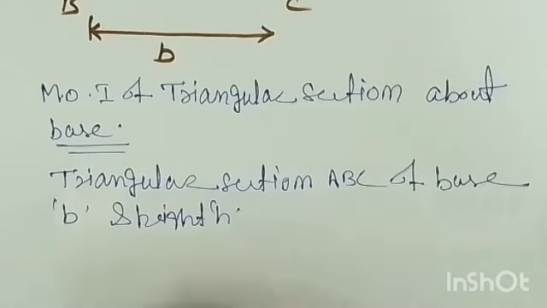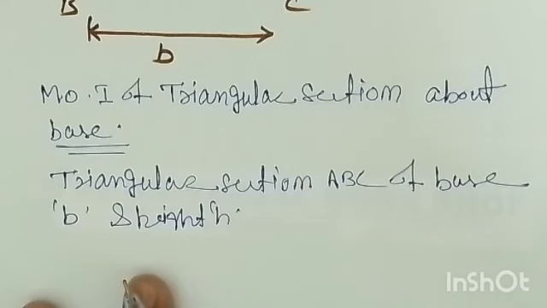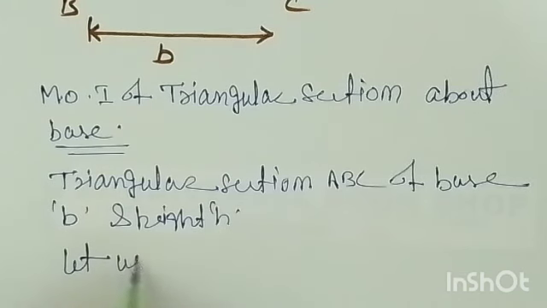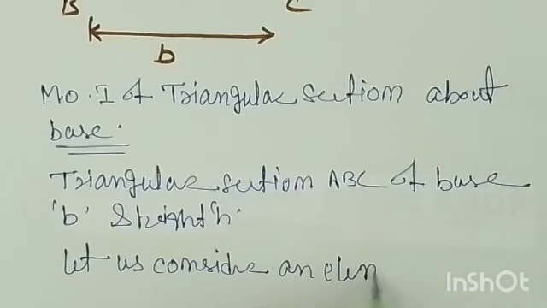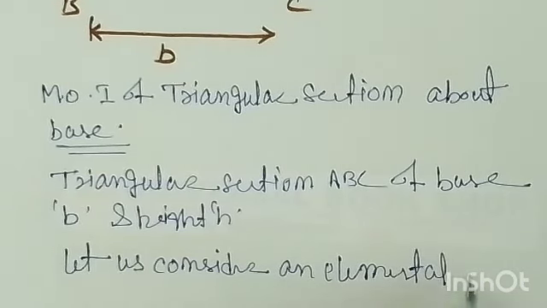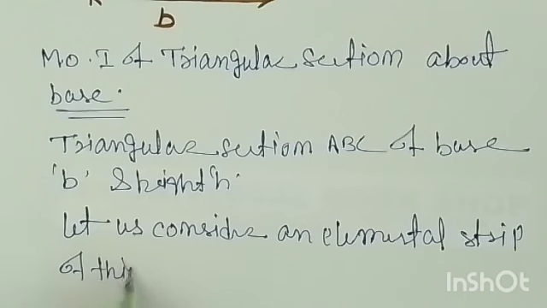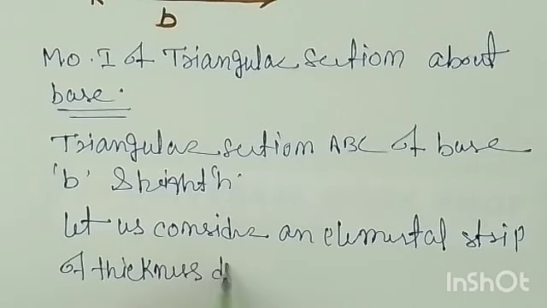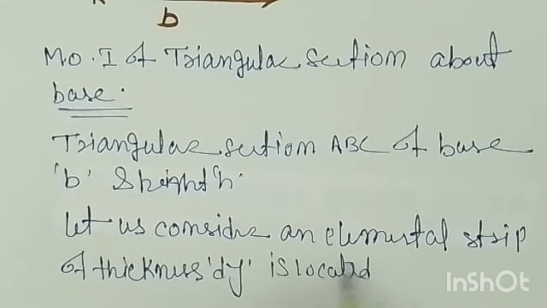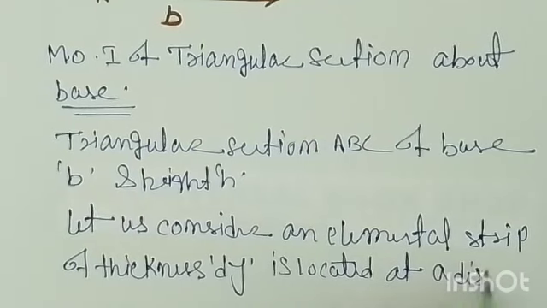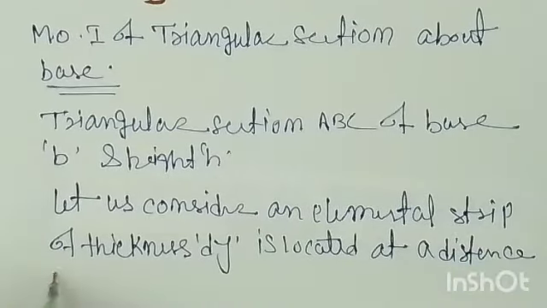So now, as you have assumed one elemental strip, okay, of thickness dy, you can say let us consider an elemental strip, right, of thickness dy, located at a distance of y from the vertex.